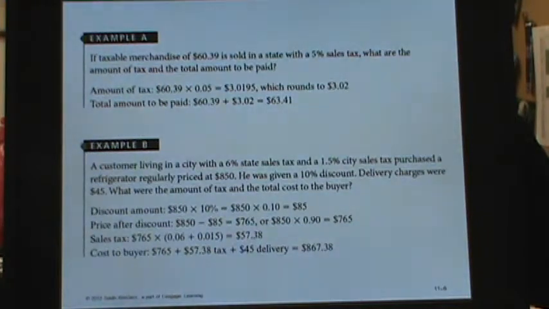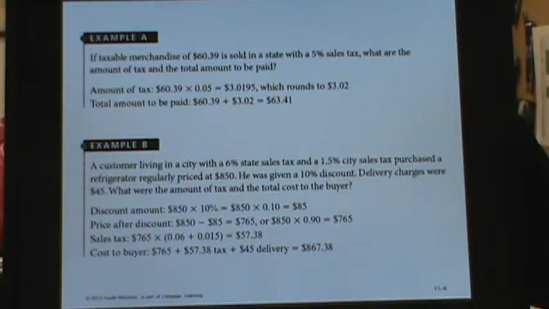There's a lot going on here. So we have a customer buying an $850 refrigerator, given a 10% discount. State tax is 6%, city tax is 1.5%, and there was a delivery charge of $45. So what was the amount of tax and the total cost to the buyer?